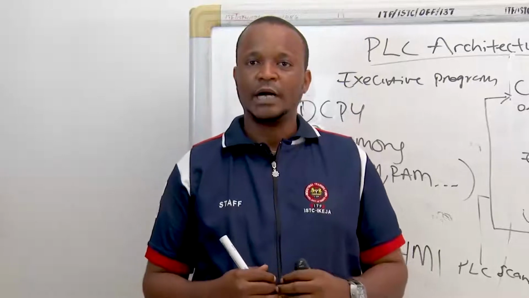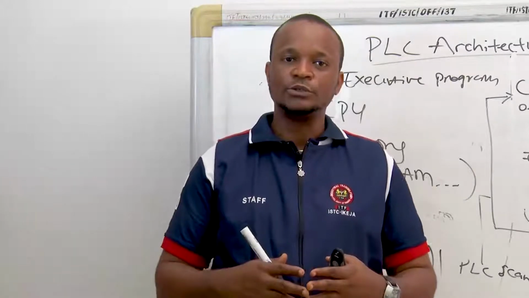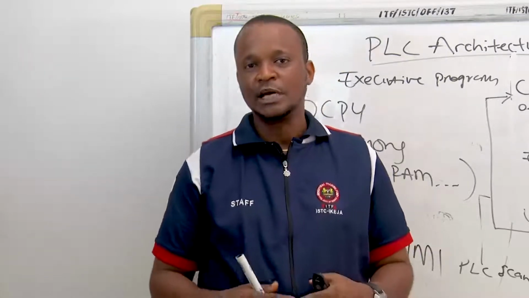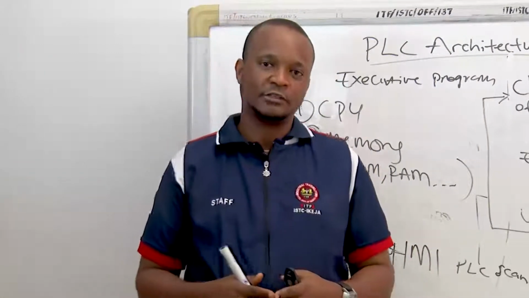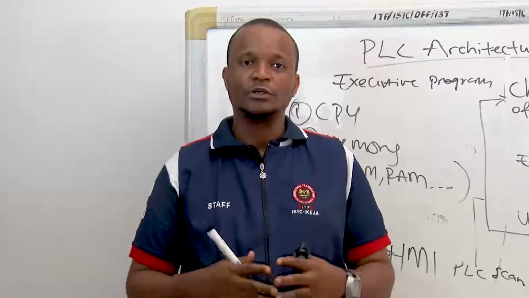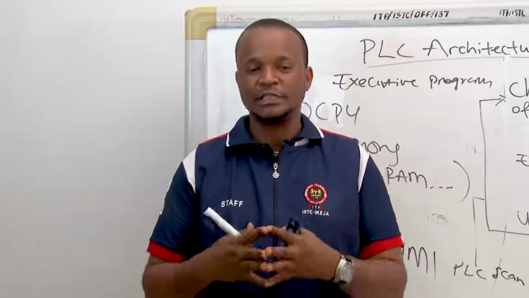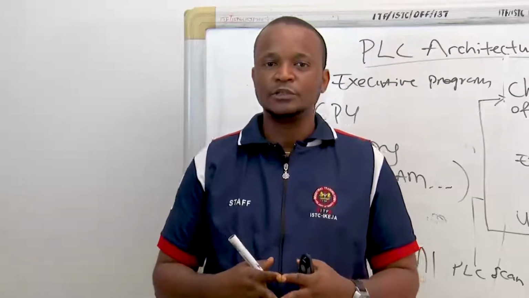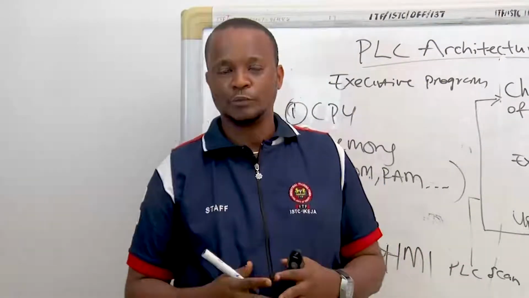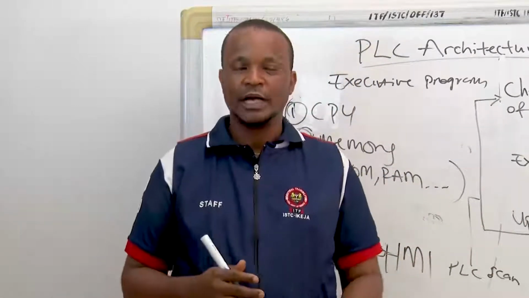For an open architecture, you can use different kinds of sensors as input devices made by other manufacturers, as well as output devices that can interface properly with the PLC. Whereas with a closed architecture, you must get the same product produced by the same manufacturer. For example, if it's an Omron PLC, you need to get an Omron sensor and Omron output to run with an Omron PLC. That is an example of a closed architecture.